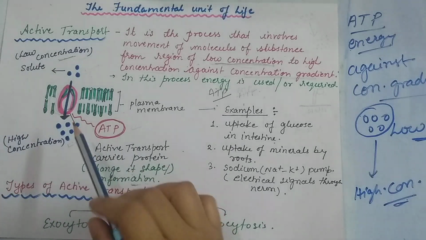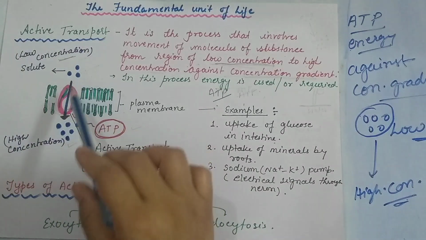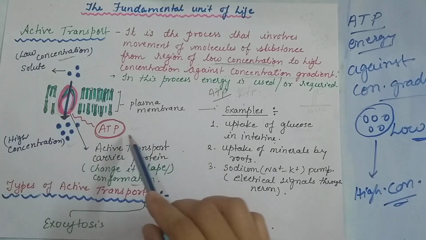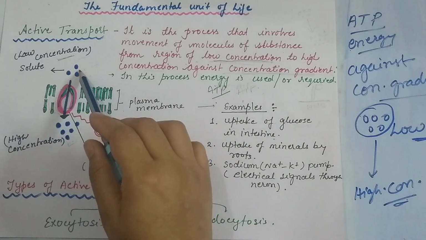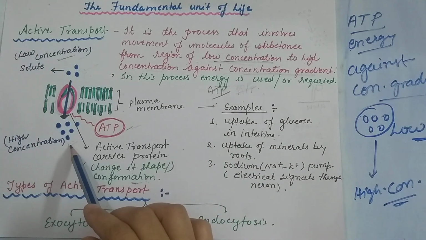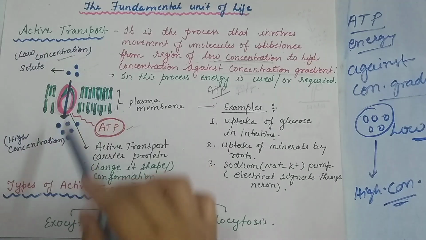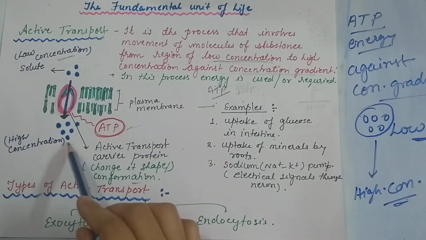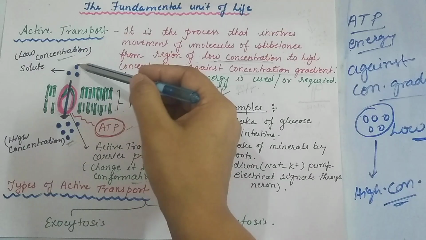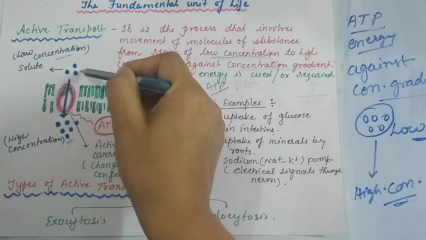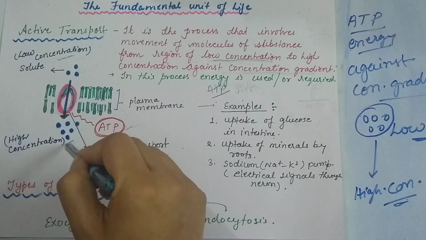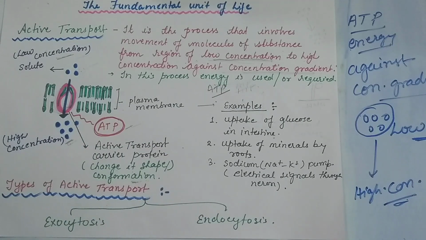And this solute, with the help of this carrier protein and ATP, meaning energy, moves from low concentration to high concentration. Here the solute particles are already present in high concentration. So the molecules of the substance move from the low concentration region to the high concentration region. This is basically active transport.